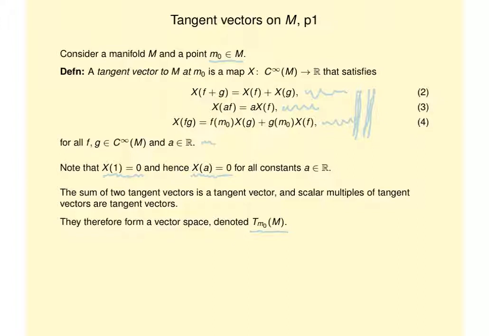Spivak just writes M with m0 as the subscript, and it's not exactly common, but it's used by quite a lot of people. But as we go on, we'll see that it really is valuable to have the capital T to do things with. So that's the definition of the tangent space to M at a particular point.